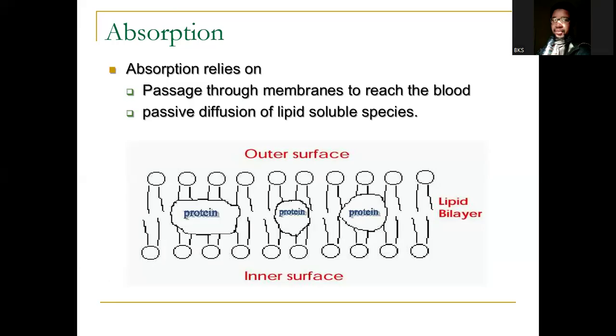Or you can have an exposure through skin contact, where they pass through the skin. Or you can inhale when it is in the gaseous form, where it goes into the lungs and then gets absorbed.